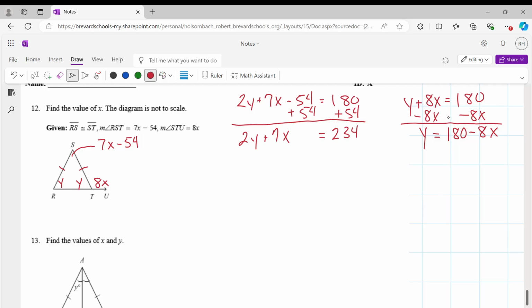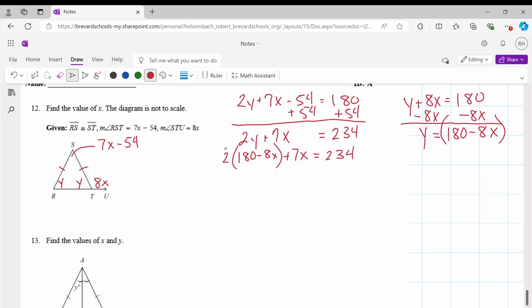Now we're going to take what y is equal to and substitute it into the first equation where the y is, and we're going to solve for x. So we've got 2 times 180 minus 8x plus 7x, that's equal to 234.